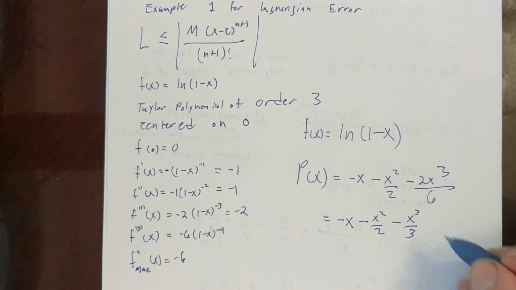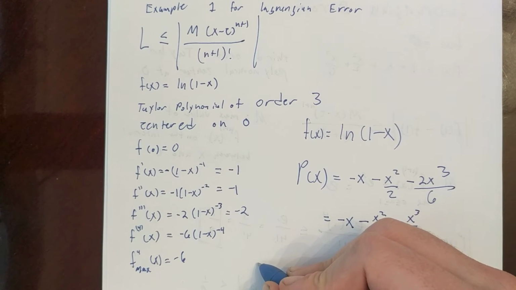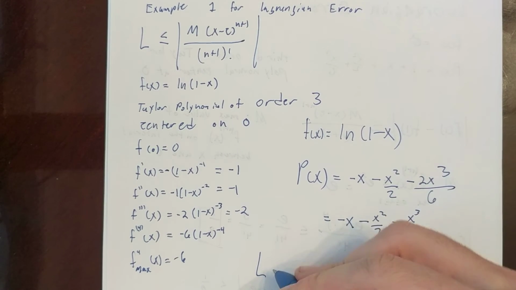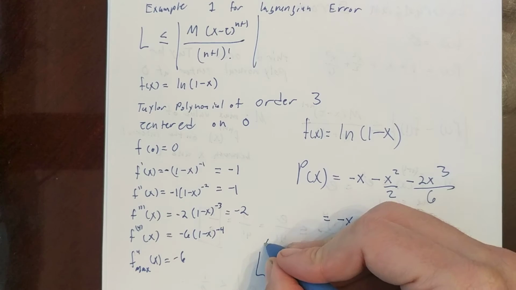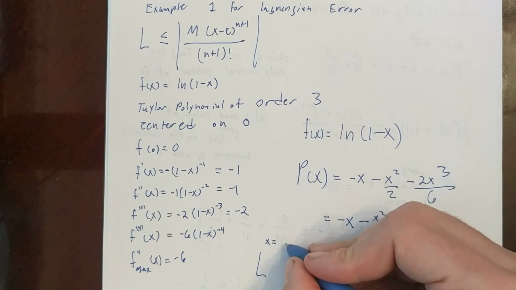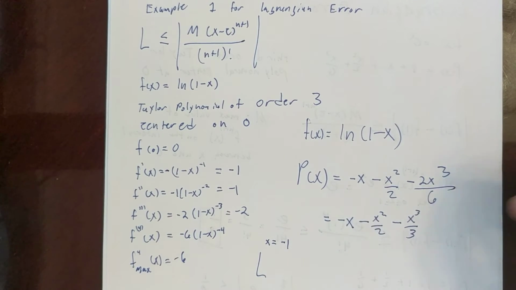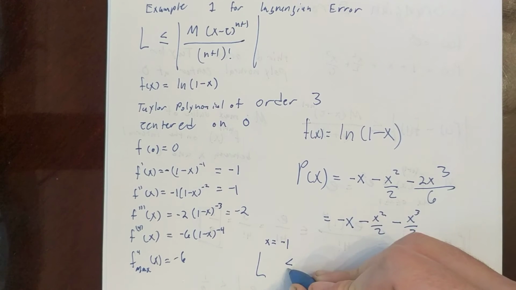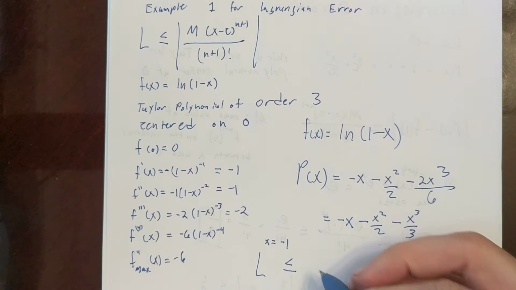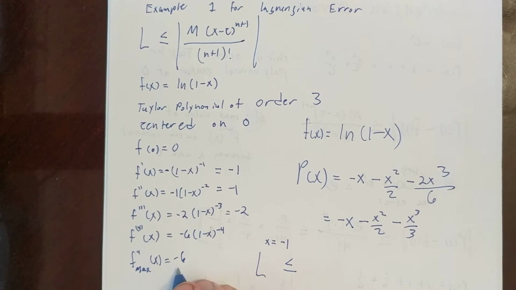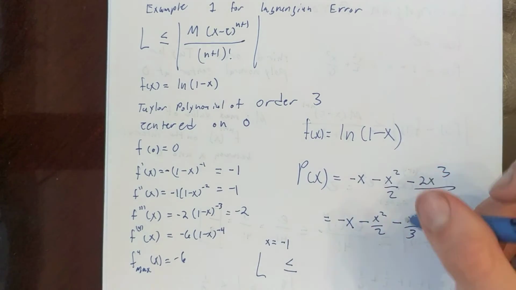So what is our Lagrangian error for the fourth term? Well, we're going to do our Lagrangian error here, and again, we're looking at x equals negative 1, right? So our Lagrangian error here at x equals negative 1 must be our maximum value in between the two, which is negative 6. We don't care about the negative because we just want the error, right? We don't care whether it's positive or negative.